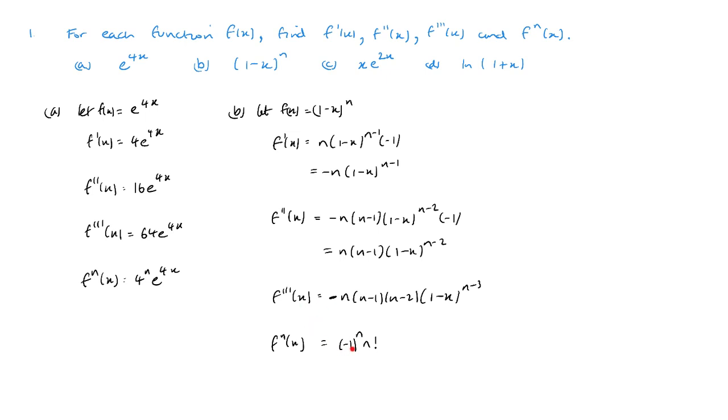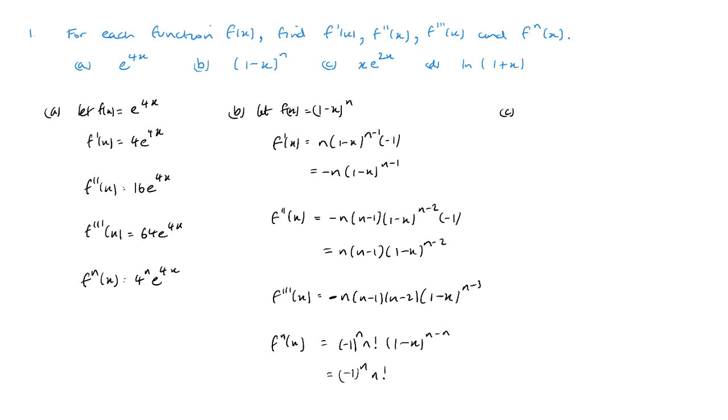So that works out there. And then what happens to the 1 minus x goes to the power, well, it's n minus n, isn't it? The final one, which will be 0. Anything to the power 0 is 1. So we got minus 1 to the power n of n factorial.